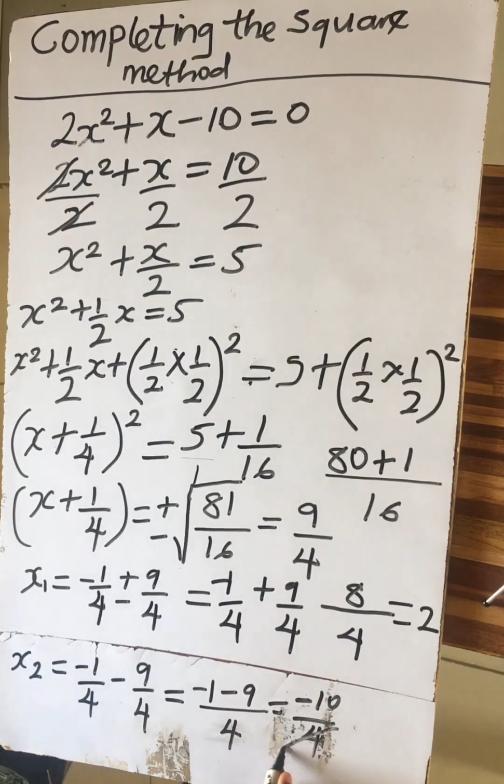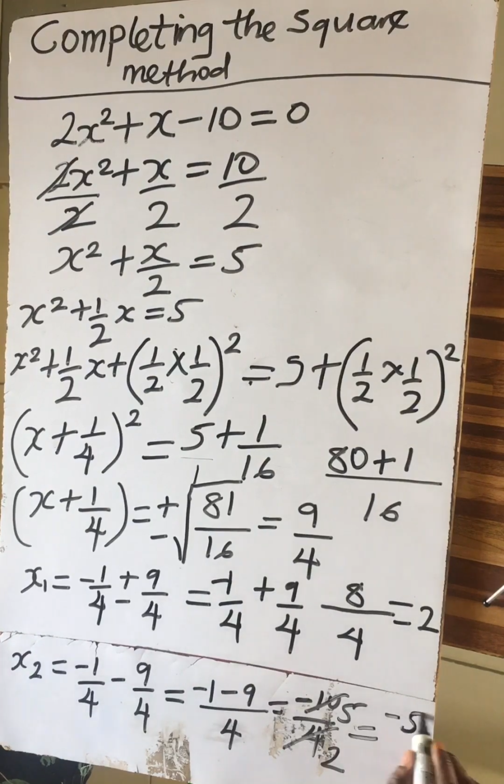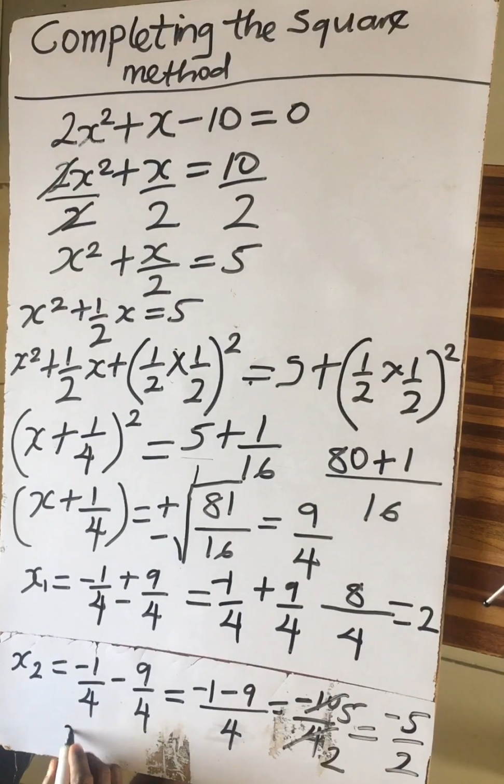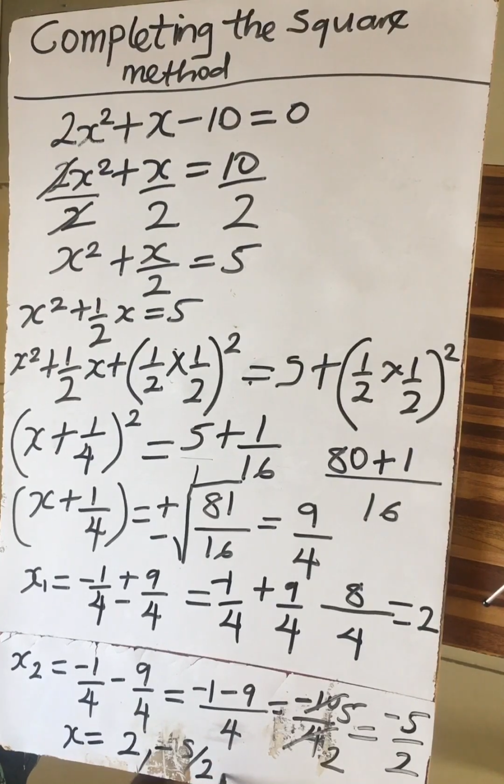We divide by 2 here, and we have 5. So we have our final x2 to be minus 5 all over 2. So we have our x to be 2 or minus 5 all over 2.